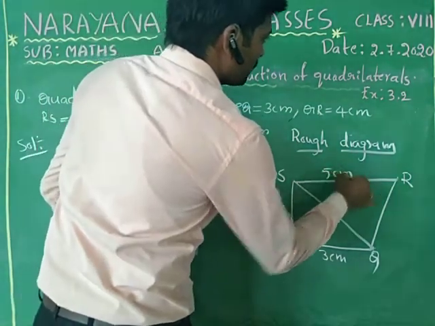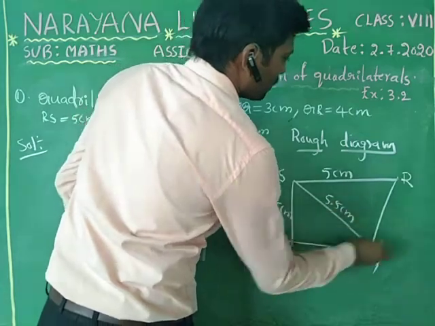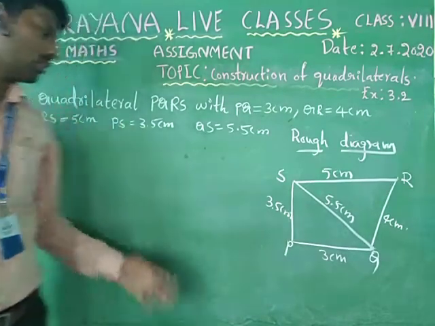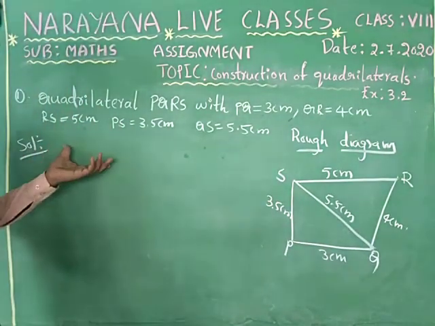Next it is 5 centimeter, 5.5 centimeter, and 4 centimeter. This is a rough diagram. Now we will go for the main construction.